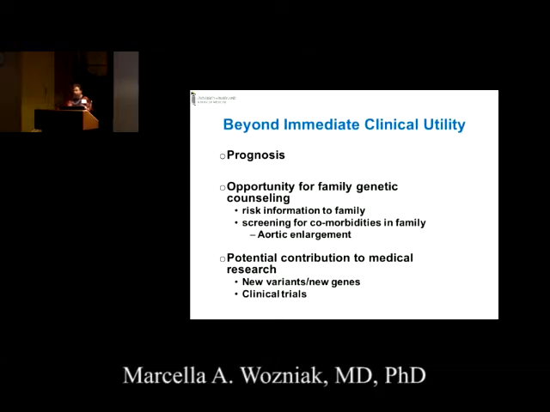Unfortunately, because of variable penetrance and the heteroplasmy we talked about in MELAS, you can't always know exactly what's going to happen, but you can offer them the opportunity for familial genetic testing. For example, in an X-linked disorder like Anderson-Fabry's disease, right?